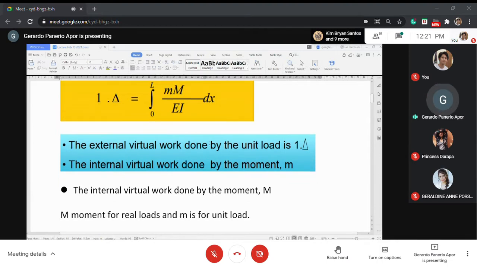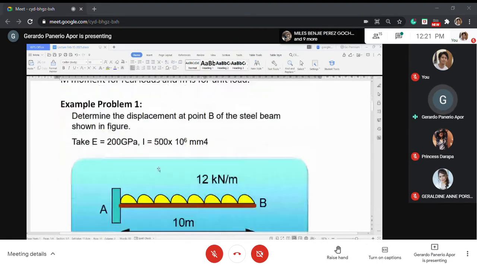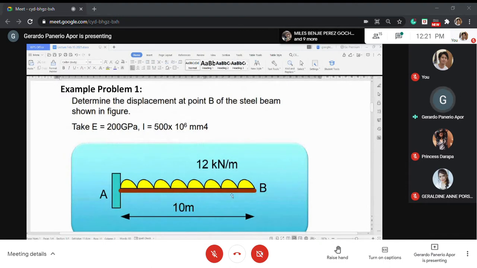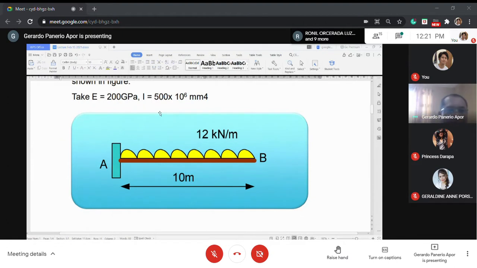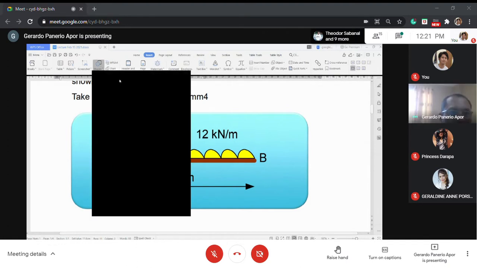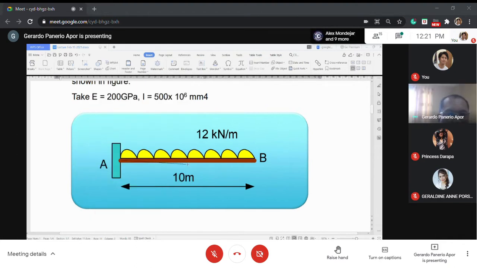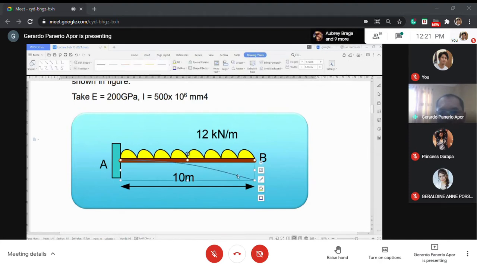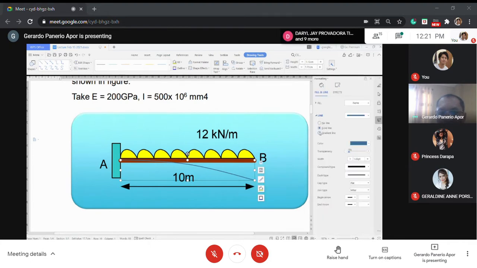Okay? So in our example last week we had this, no? So our range is 0 to 10. And we have a cantilever beam. And then we determine this. Okay, that's one, no? So I'll just make that a color red.